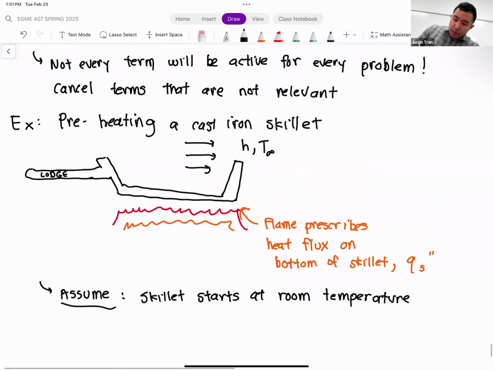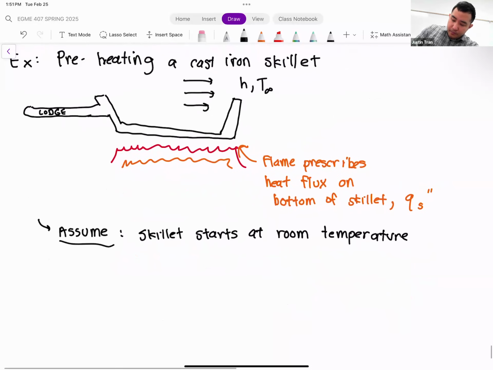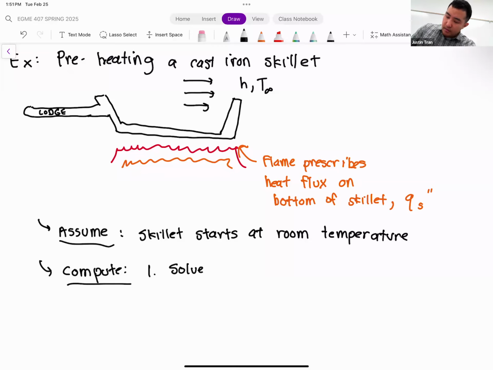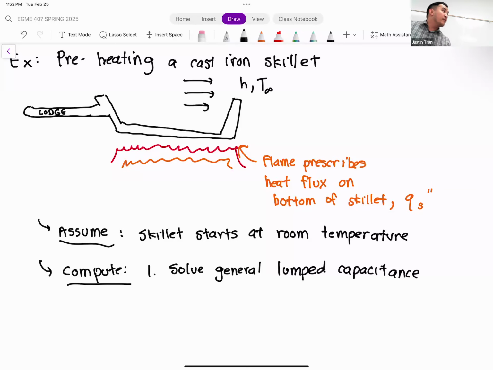And so let's compute two things. First thing we're going to compute is we're going to solve our general lump capacitance equation. All right. And what we're going to obtain from that is the time evolution of temperature in the skillet.